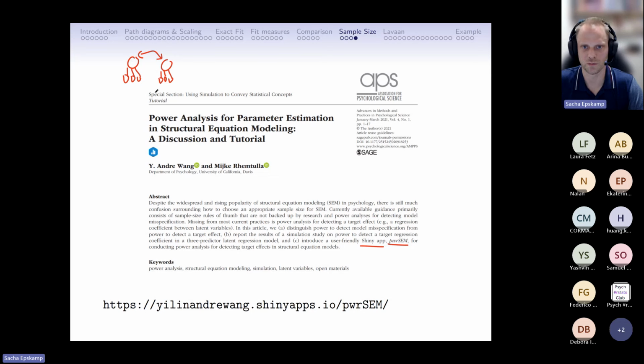Why are you fitting this model? Okay, just to show that there are two latent variables underlying the data. Okay, sure, but maybe you're interested in a certain parameter, like this correlation. So you want the power on that parameter. All that you can get through simulations if you have an idea about all these other parameters. If you put something in, then you can simulate data and try to get the power of a certain parameter. There's a nice application that allows you to do that, which is really nice and useful as well.